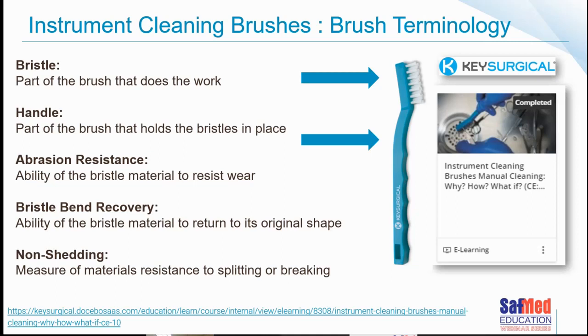Bristle bend recovery, so the ability of the bristle material to return back to its original shape. And non-shedding, the measure of the material's resistance in terms of splitting or breaking or shredding or coming off the actual brush itself. All key important elements.